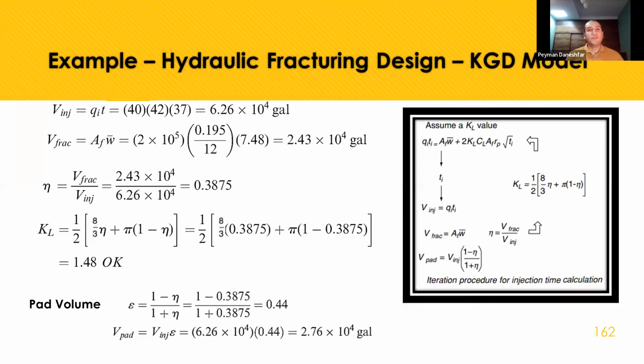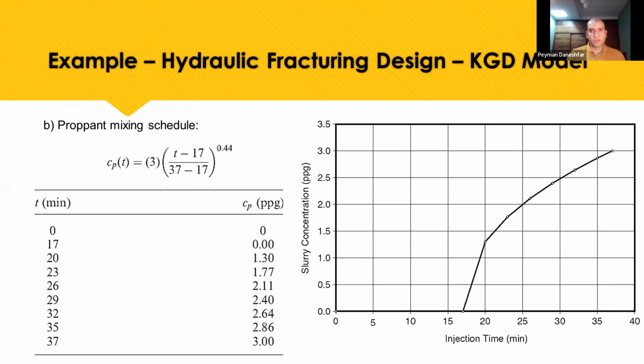If the KL value is near our supposed value, okay, the procedure is correct, and we go to the next part. So we find the volume of injection, we find the volume of the fracture, and the pad volume can be found with this formula, using the volume of pad and the volume of injection, and it is just for the concentrations.